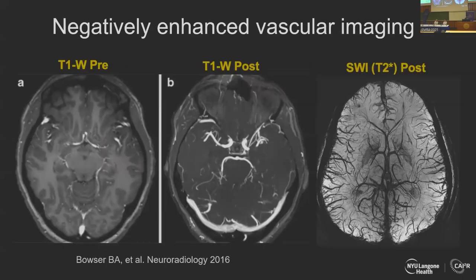Most Ferumoxytol-enhanced studies have used T1 weighted imaging, which shows positive contrast enhancement. We prefer using T2 weighted imaging for the negative contrast enhancement shown here. There are 3 reasons for this.